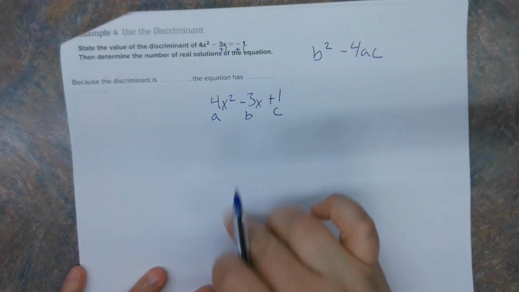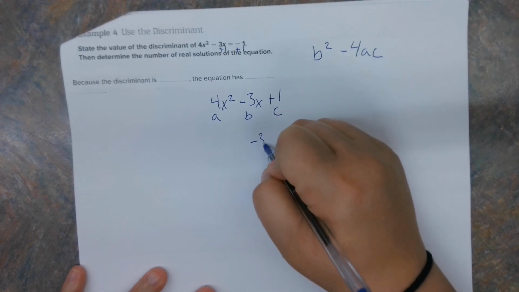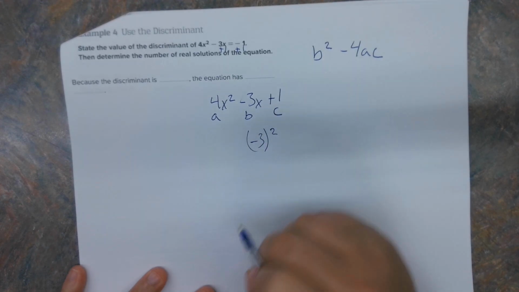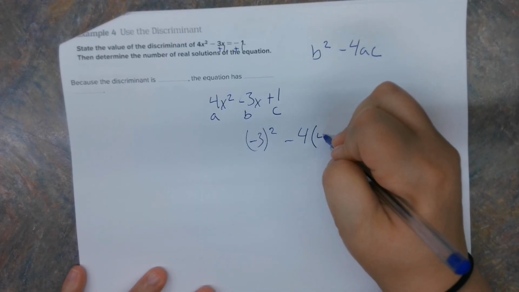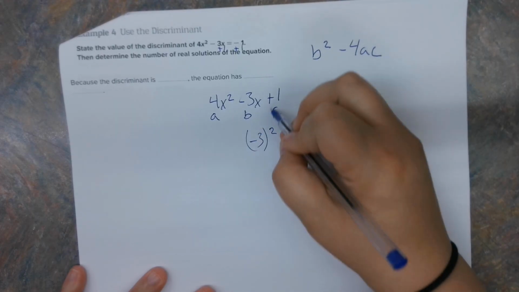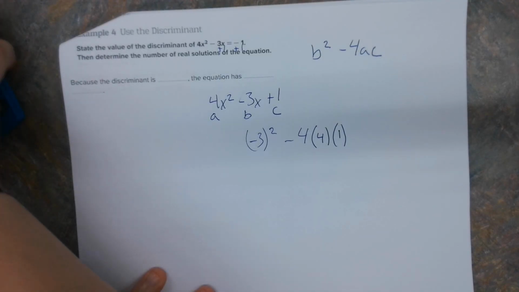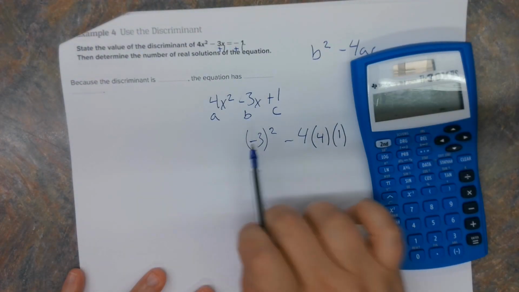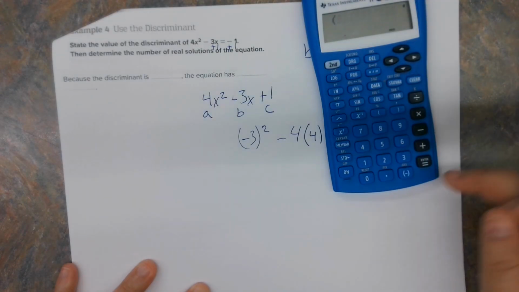So let me write the discriminant. I've got B squared, so negative 3 squared, minus 4 times A. A is 4, times C. C is 1. Are you ready? Negative 3 squared. Remember what I told you: if it's an even exponent, this is going to be a positive number. You've got to put them in parentheses if you put the negative in the calculator.